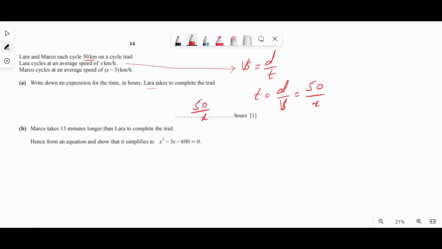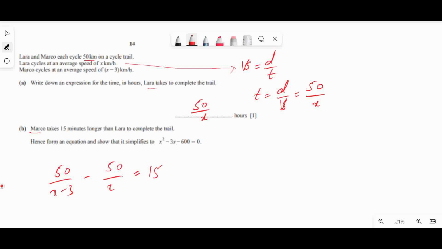Now here we can see that Marco's time was 50 divided by x minus 3 minus Lara's time, which is 50 by x, is equals to, now this should be equals to 15.